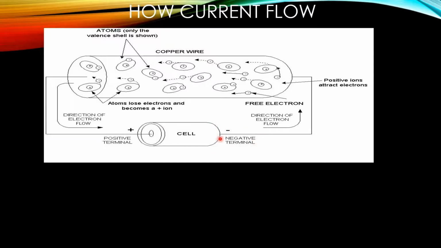In this way, potential difference will be set up across the ends of the conductor. This potential difference makes electrons flow in a particular direction, and when electrons are flowing, current will flow.